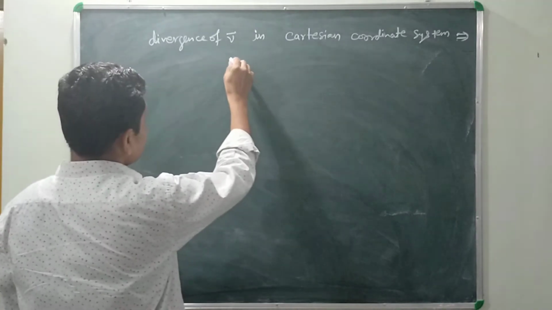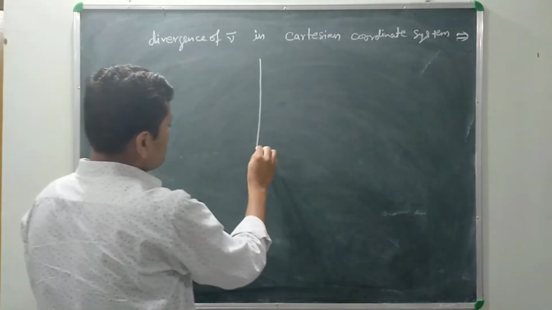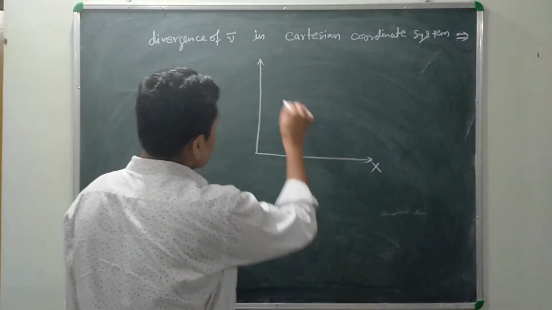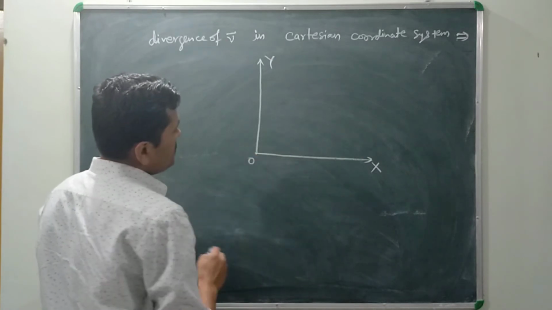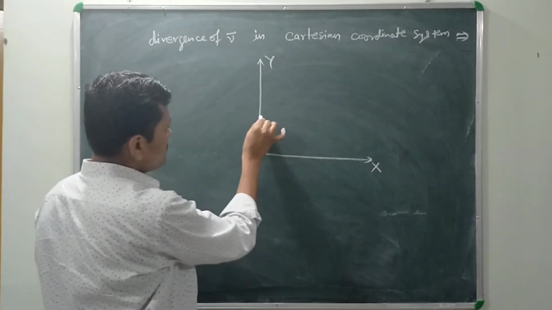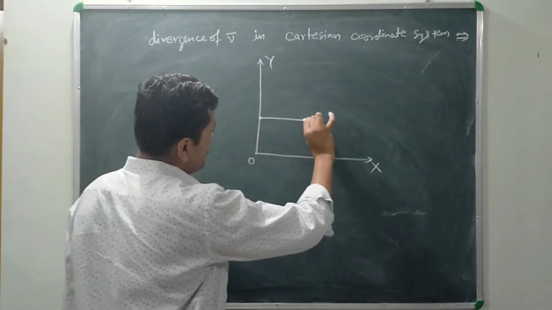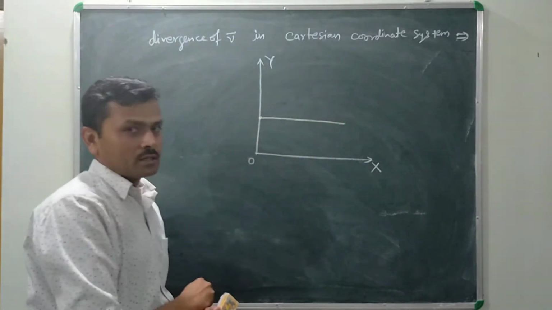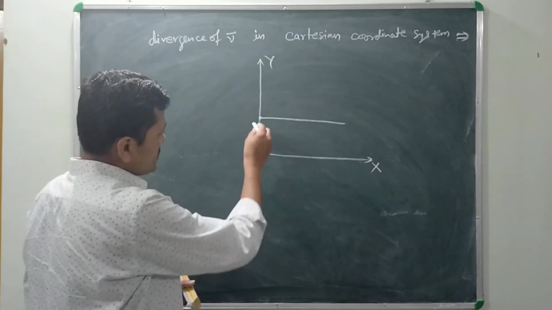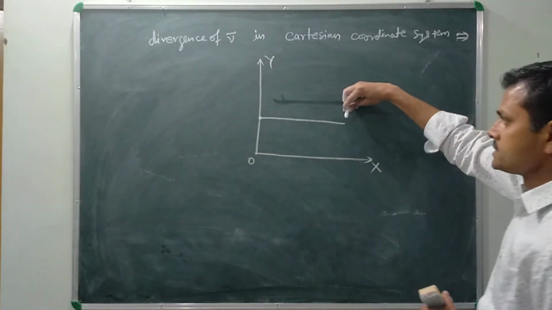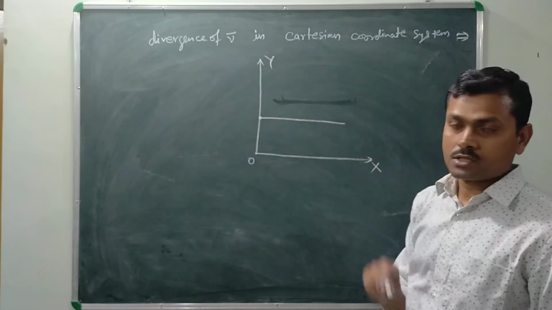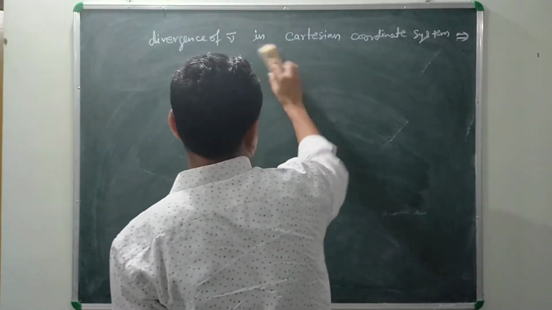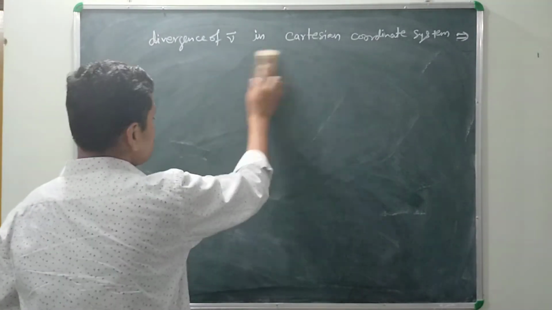For this, let us consider first of all a very simple and interesting observation. Say this is your x-axis, this is your y-axis, and this is origin, and you are here and you are moving along the positive x direction. Then which coordinate is changing and which coordinate is fixed? You can see that only x coordinate is changing and y coordinate is fixed. So we will make use of this observation in the evaluation of the expression for the divergence in Cartesian coordinate system.